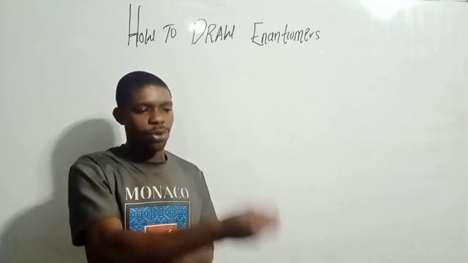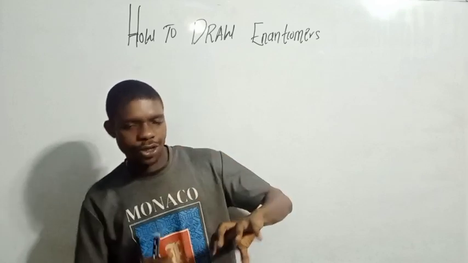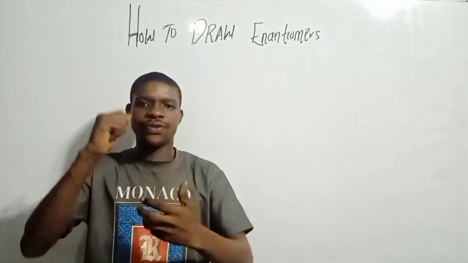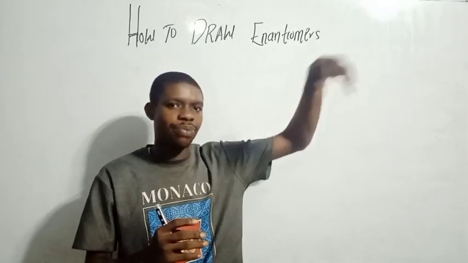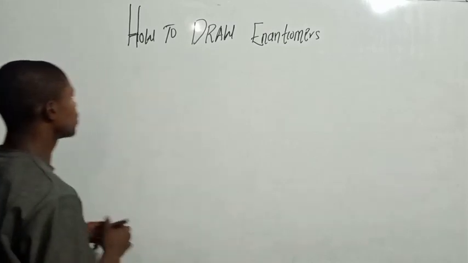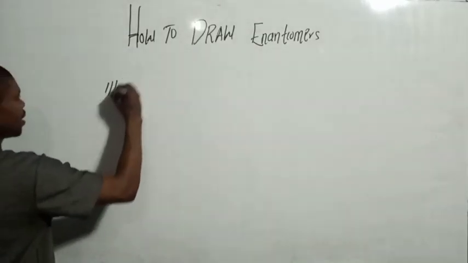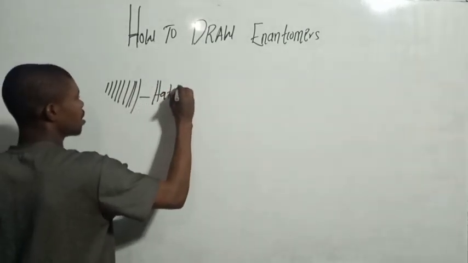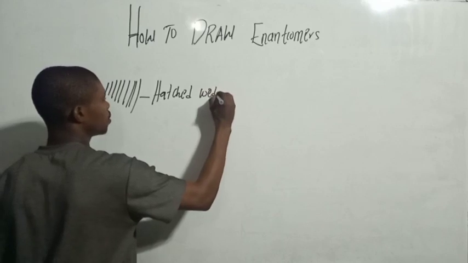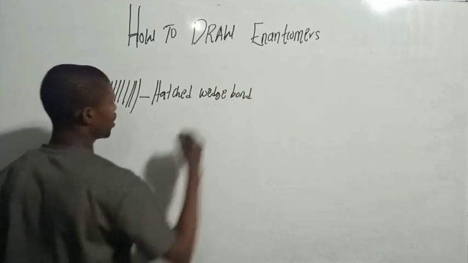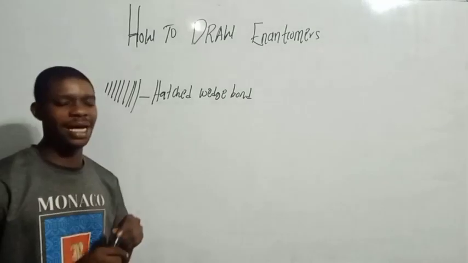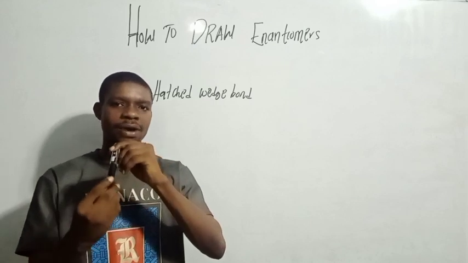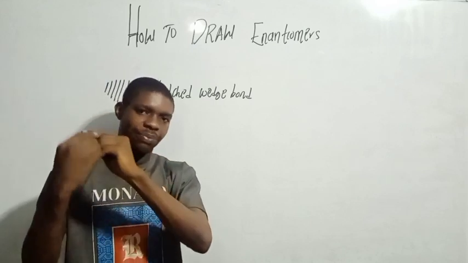And we have two main bonds that represent atoms or groups that project out of the plane of the paper towards the viewer, or back of the plane away from the viewer. The first bond here is called the hash wedge bond. A hash wedge bond means the atom is projecting away from the viewer, extending back of the plane of the paper.